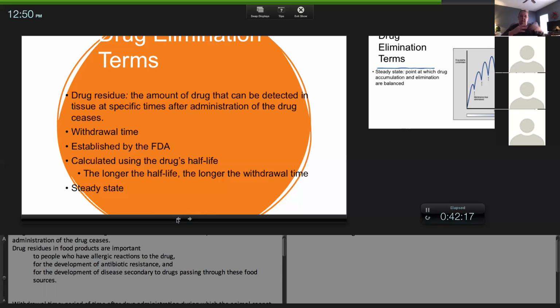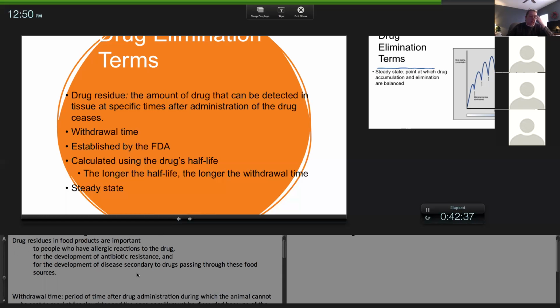The FDA determines this. So when you use these drugs, maybe for 2 weeks this cow is milked and you have to dump the milk. It cannot go into production.